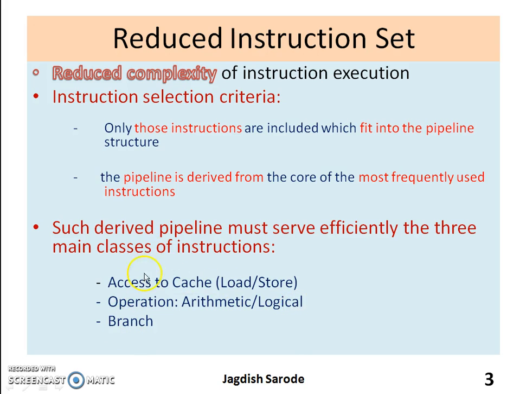And third, the pipeline structure must support branching instructions. So we choose those instructions which fit the pipeline structure, and the main instructions for this pipeline structure are access to cache, arithmetic and logical operations, and branch instructions. The reduced instruction set of a RISC architecture comprises these load store type instructions, arithmetic logic instructions, and branch instructions.